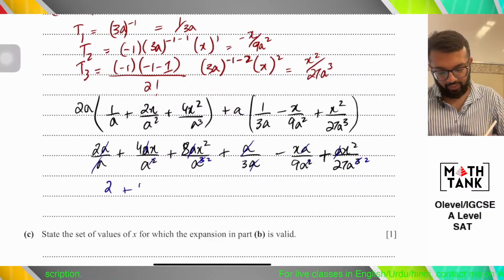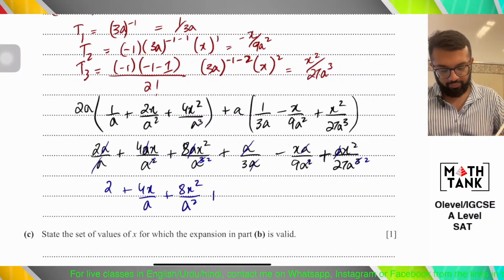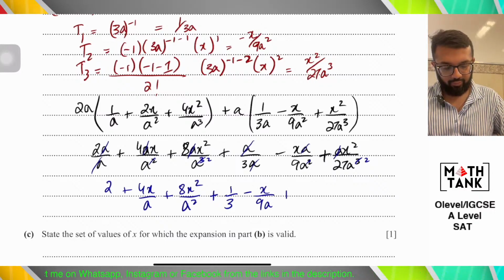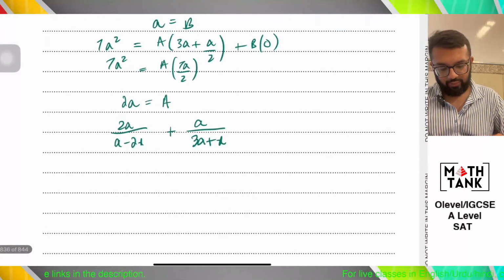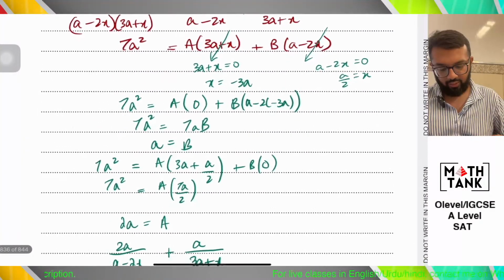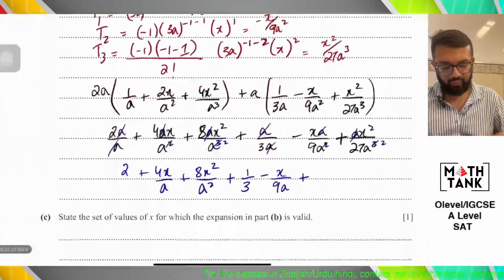So 2 plus 4x over a plus 8x square over a square plus 1 over 3 minus x over 9a plus, okay, I think there's a plus sign.